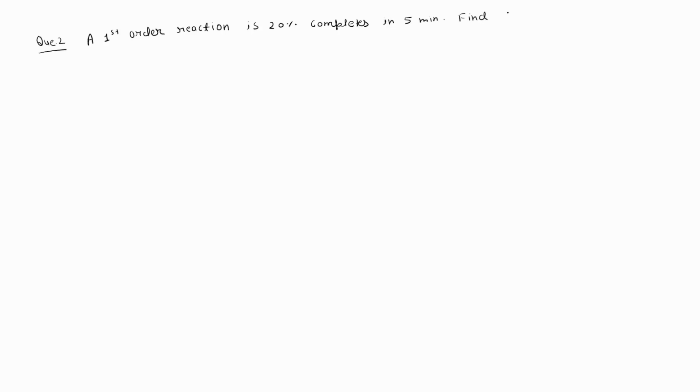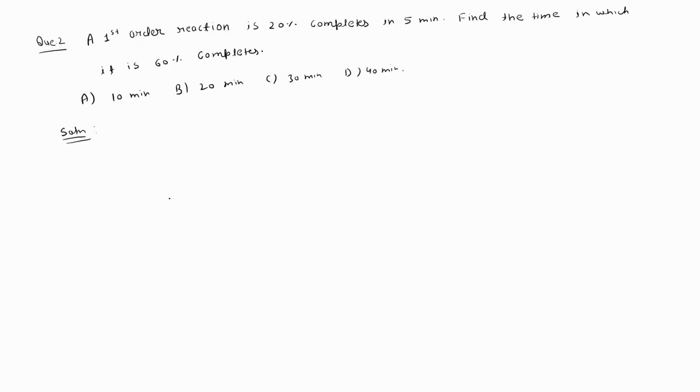Find the time in which it is 60% complete. So options are: A is 10 minutes, B is 20 minutes, C is 30 minutes and D is 40 minutes. So now I am going to solve it.